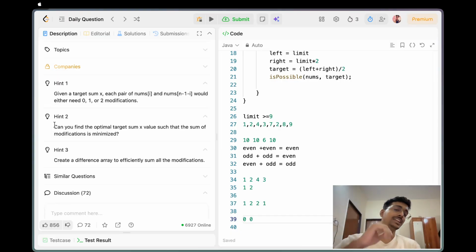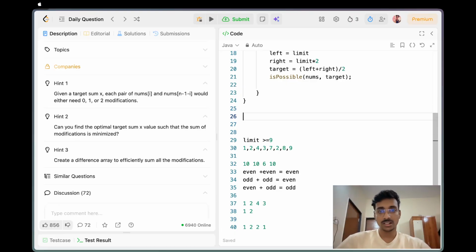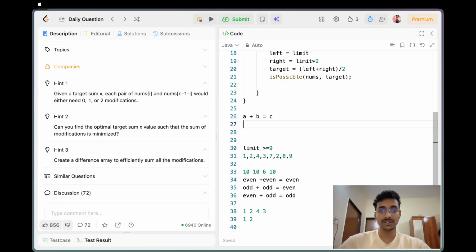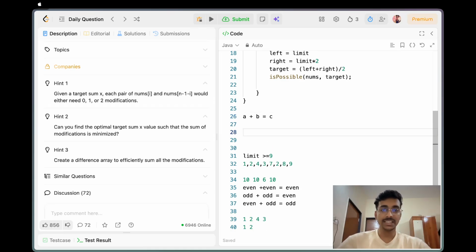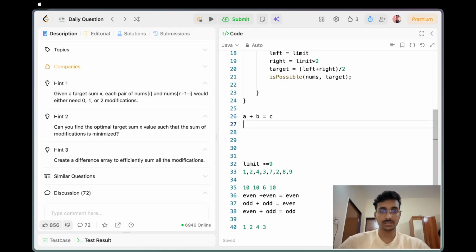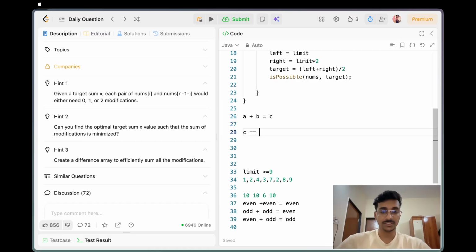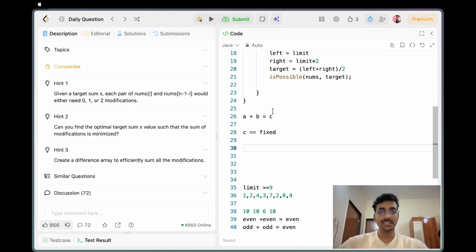So what they are saying is, we have nums of i and then nums of n minus 1 minus i. Among these two numbers, to get the summation, let's say a plus b is equal to c, our target. Okay, c is fixed. What could be the scenario?